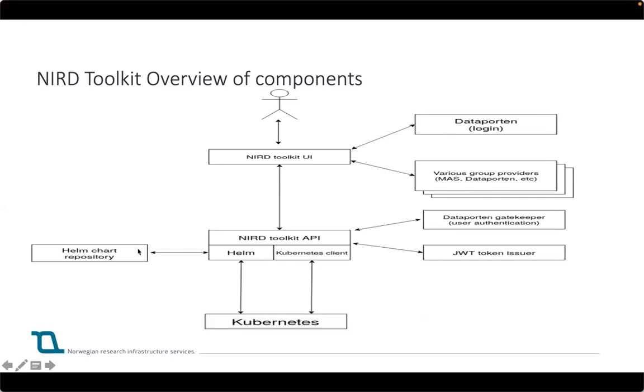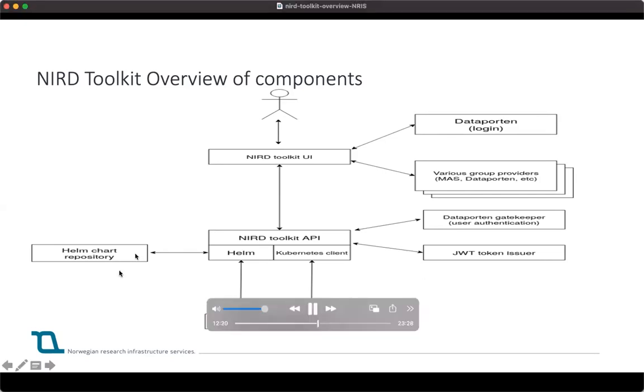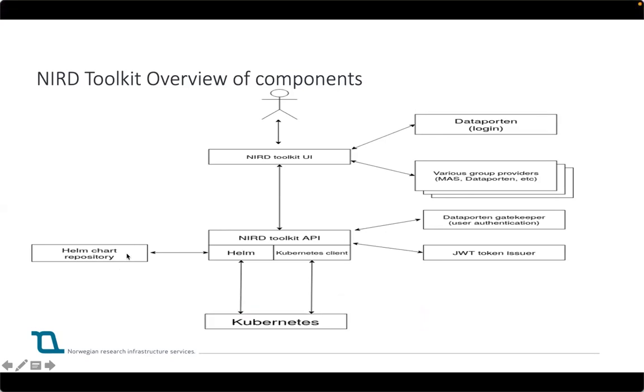The other potentially interesting part is the Helm chart repository. This is open source, so you can go and see how the service is set up using Helm charts. Helm charts is a package manager for Kubernetes.